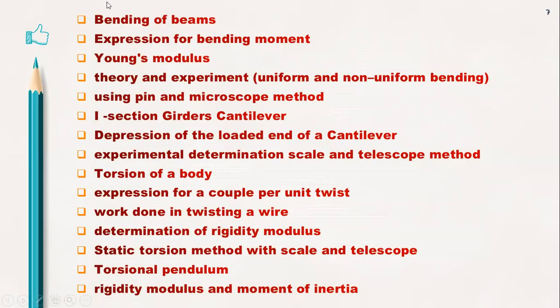The syllabus has the topics: bending of beams, expression for bending moment, Young's modulus, theory and experiment, uniform and non-uniform bending using pin and microscope method, I section girders, cantilevers, depression of the loaded end of a cantilever, experimental determination, scale and telescope method, torsion of a body, expression for a couple per unit twist, work done in twisting a wire, determination of rigidity modulus, static torsion method with scale and telescope, torsional pendulum, rigidity modulus, and moment of inertia.